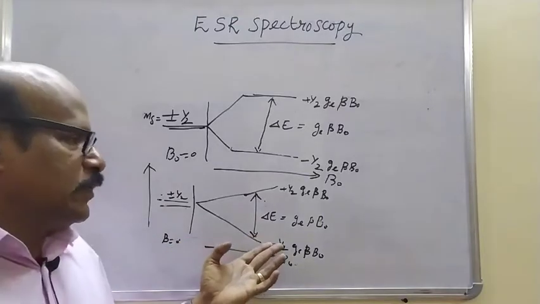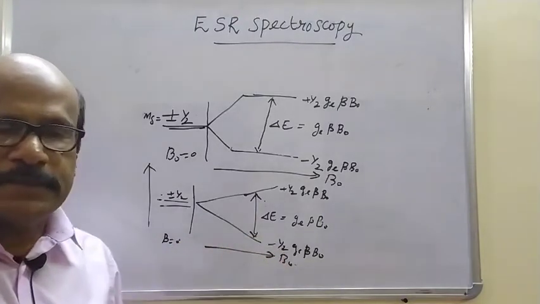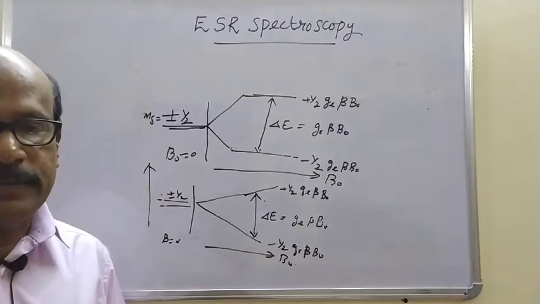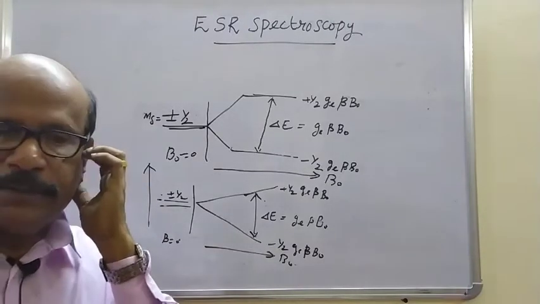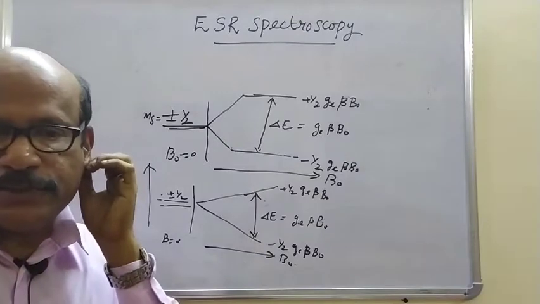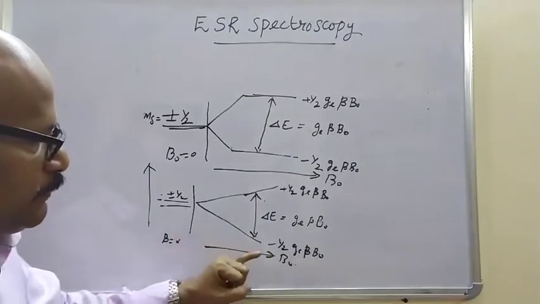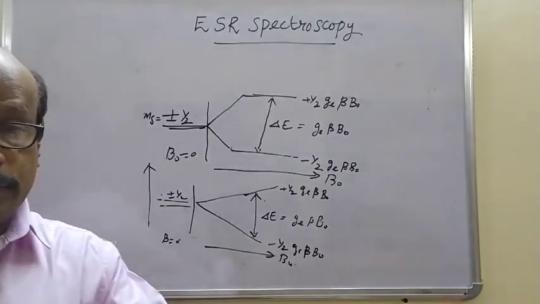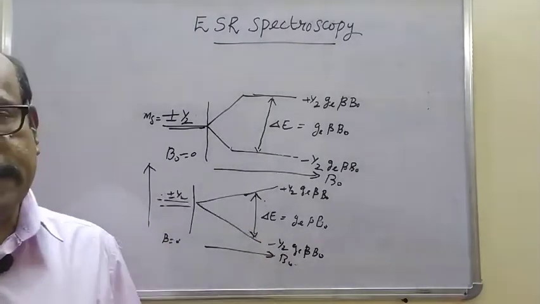Normally, the molecules are in the lower electronic spin level. So when we expose the molecular system to an appropriate electromagnetic radiation of suitable energy, it will absorb energy from the radiation due to magnetic dipole interaction.